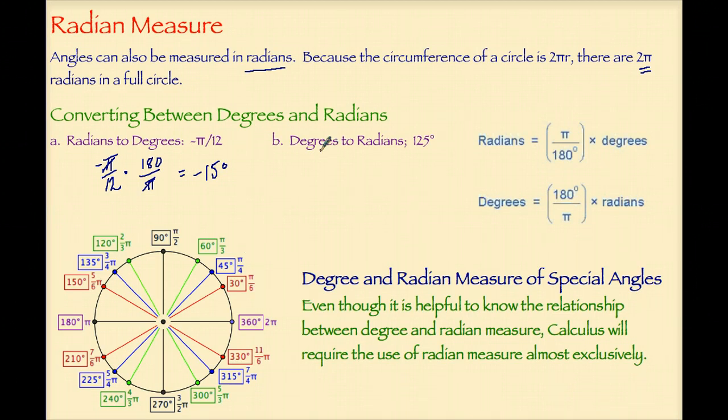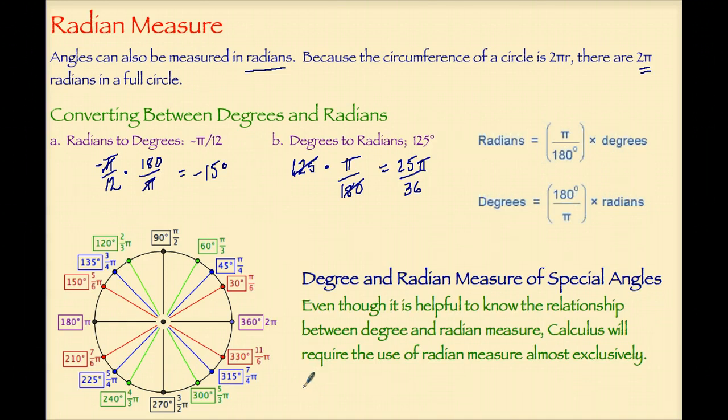Now let's convert from degrees to radians. We're going to use this formula. 125 degrees times pi over 180. Now, when you reduce this fraction, it becomes 25 pi over 36 radians. Notice here I have a diagram which has degree and radian measure of special angles.